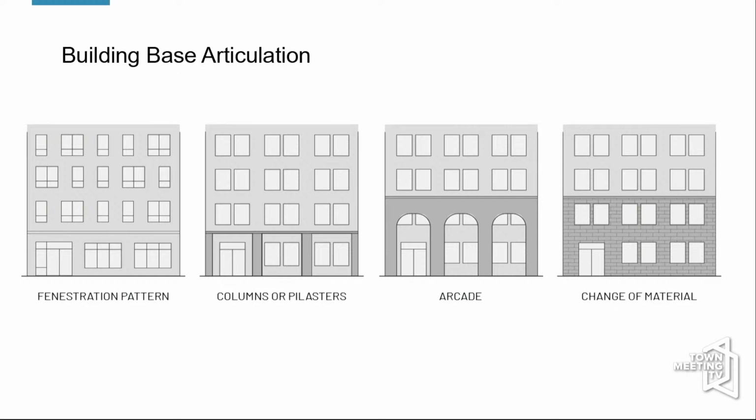And that could include the use of columns, changes in materials, or regular window patterns, just so that a bigger building reads as more of a series of human-scaled pieces than one large monolith.